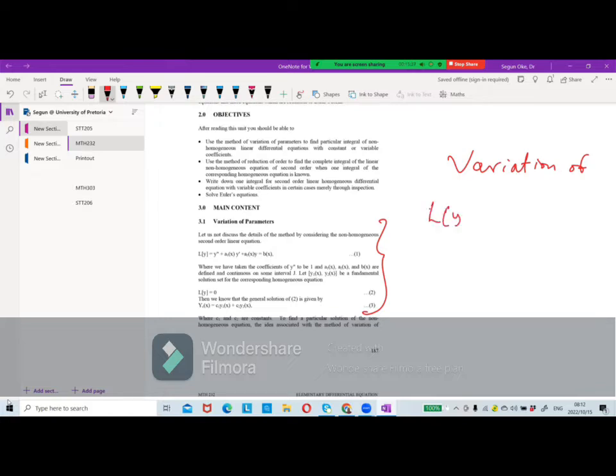It says Ly equals y prime prime plus a1 of x y prime plus a2 of x y, everything equals b of x.